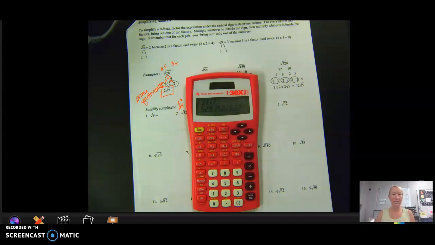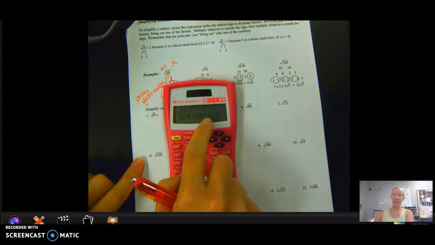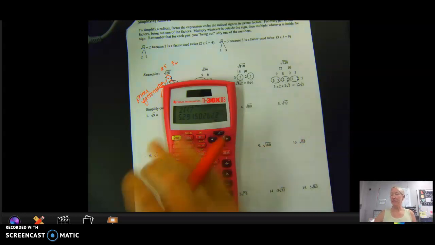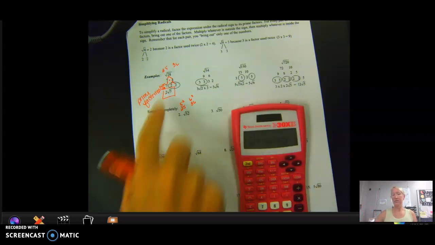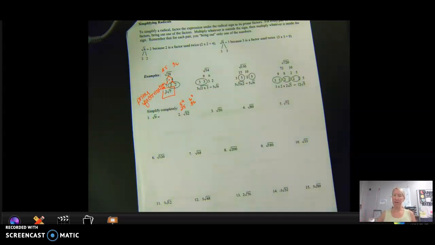We do not want decimals right now. We want reduced radicals. This is the more accurate answer, because the decimal is most likely non-terminating, meaning it will never end, and the calculator is rounding it. A more accurate answer is the reduced radical because we're not leaving off numbers that we've rounded, okay?